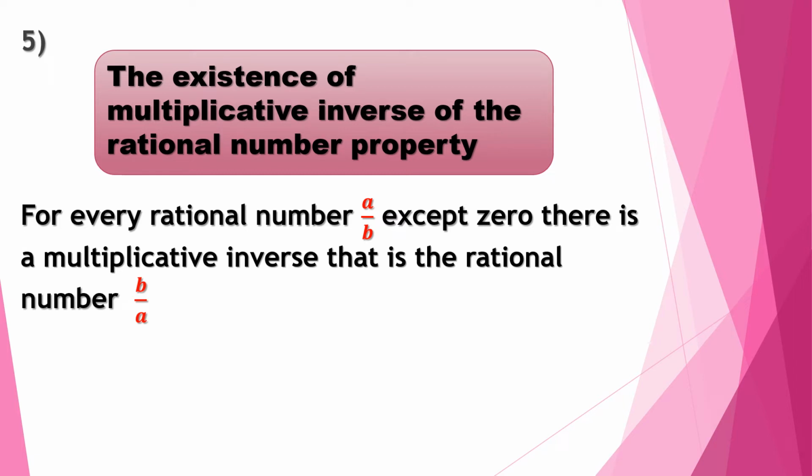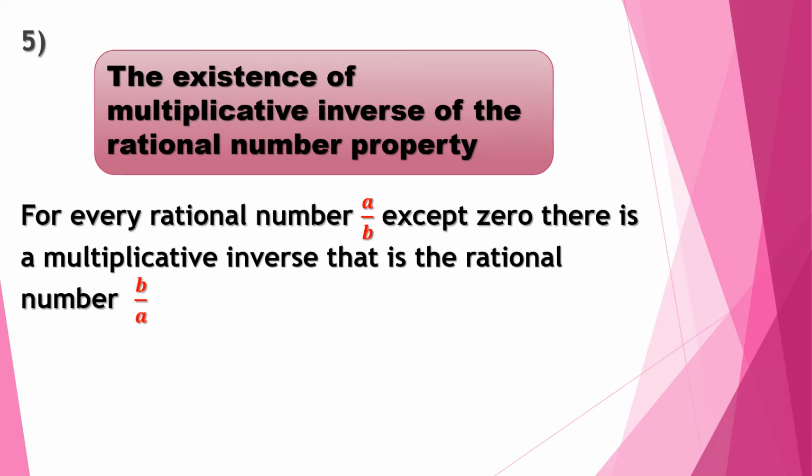Negative 3 over 8, the multiplicative inverse of this number will be, yes, 8 over negative 3, and so on. So we exchange the places of denominator and numerator together to get the multiplicative inverse of the rational number.